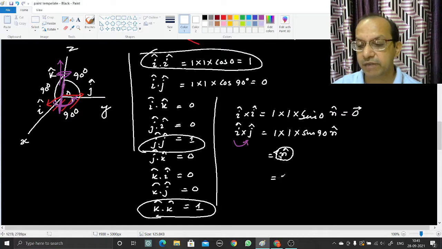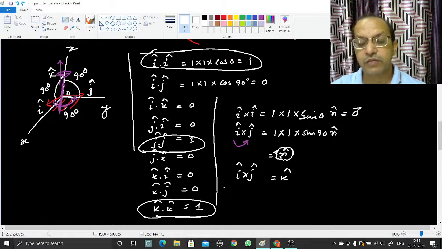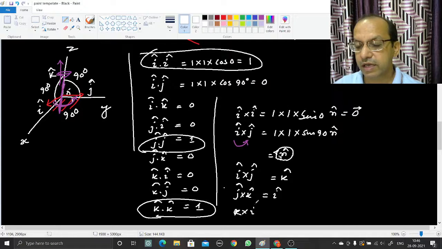and the unit vector in the z direction is k cap. Similarly, if we want to know the value of j cross k and put a screw along the x-axis, it will move along the positive x-axis. Similarly, j cross k equals i cap, and k cross i equals how much?